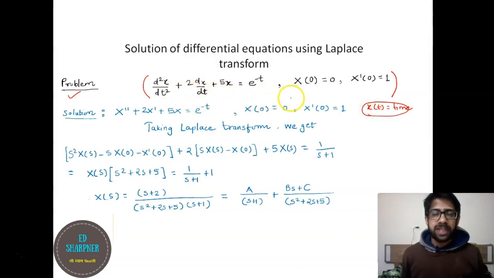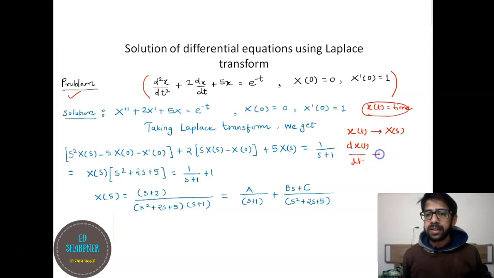By using the properties of Laplace transform, we have already seen that if we know the Laplace transform of x of t as x of s, the Laplace transform of dx by dt is nothing but s into x of s minus x of 0. So this is the property that we have used here as well. Please look at the equation.